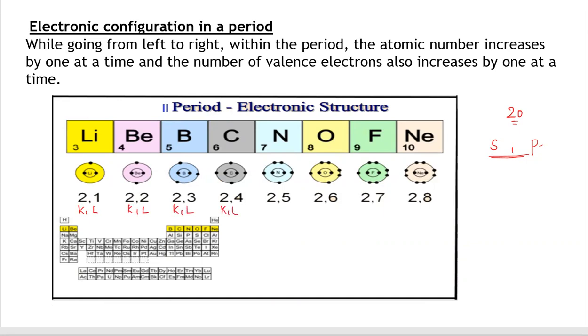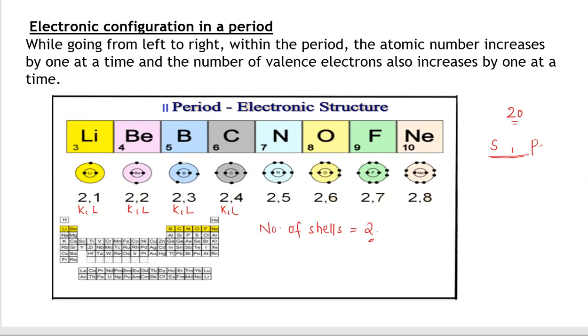Check. They belong to the second period. But see the valence electrons: 1, 2, 3, 4, 5. That means valence electrons increase 1 by 1 as we move from left to right, but the number of shells is the same.